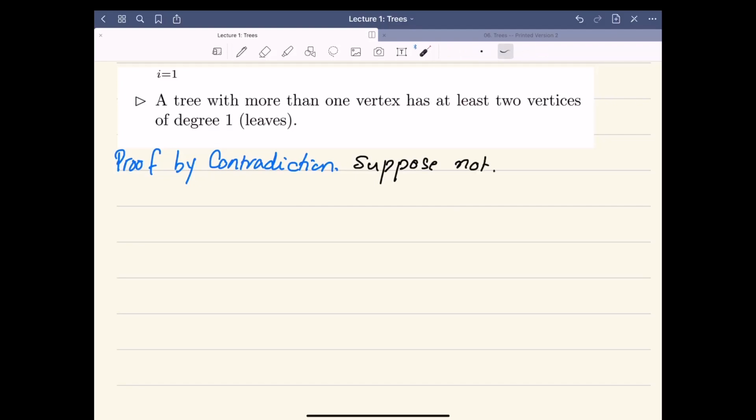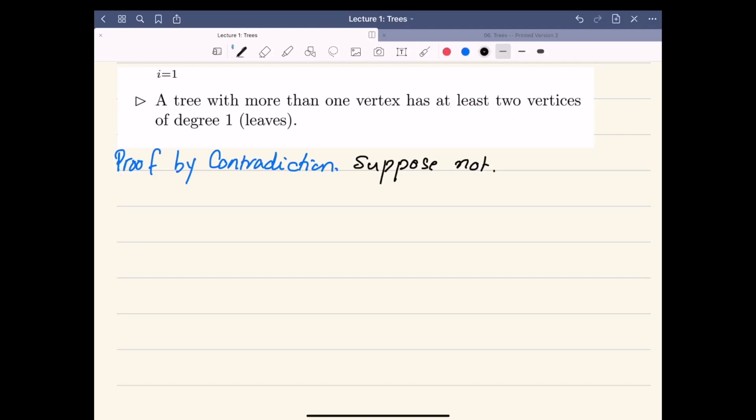Now notice the statement looks like if and then. It says if a tree with more than one vertex, if we have a tree that has more than one vertex, then it has at least 2 vertices of degree 1. So the conclusion is at least 2 vertices of degree 1.